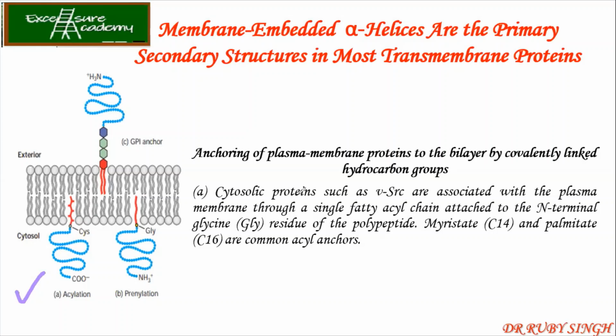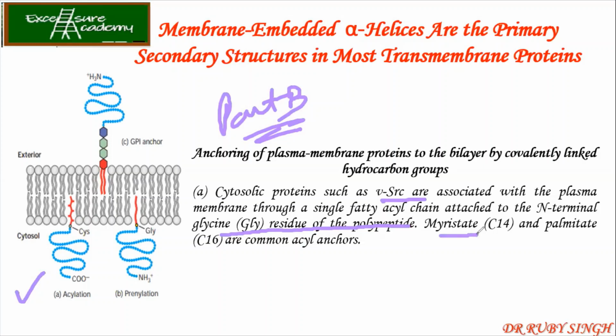This comes for your CSIR part B portion, so you need to remember this. Your SRC protein is attached to your lipids. Now how is it attached? It is attached to the N-terminal glycine residue of the polypeptide. Which lipids are present?